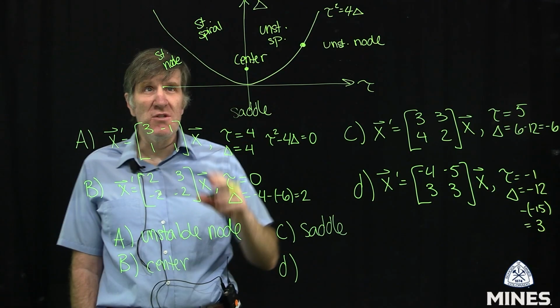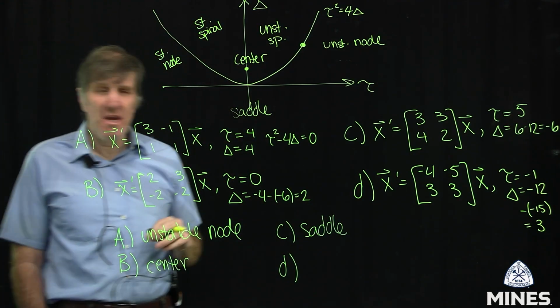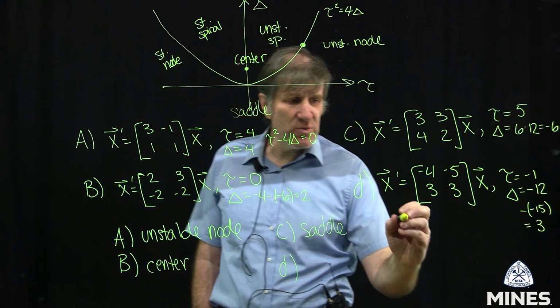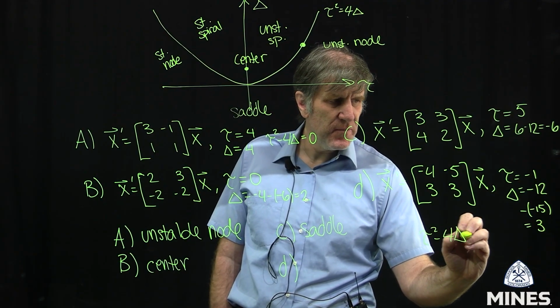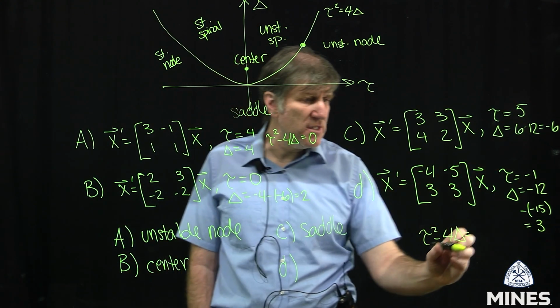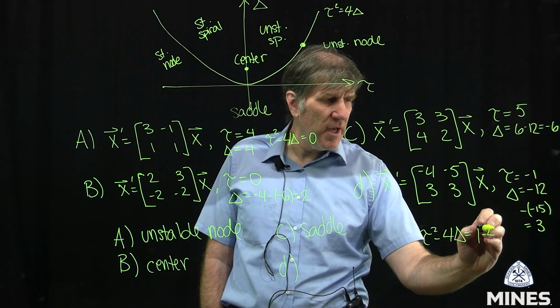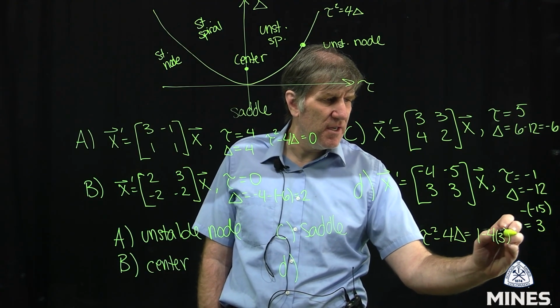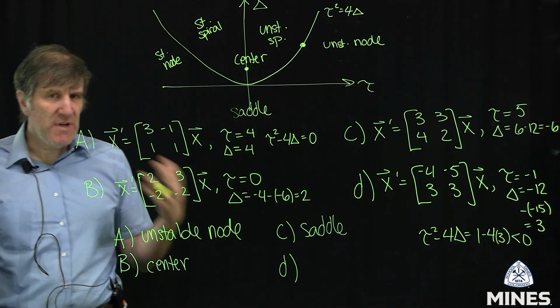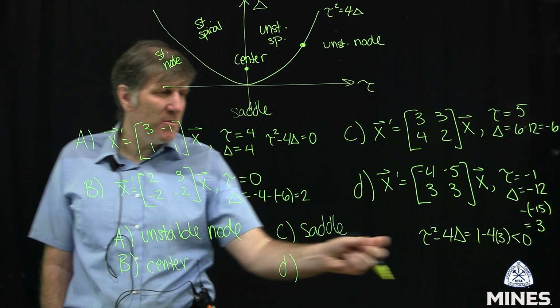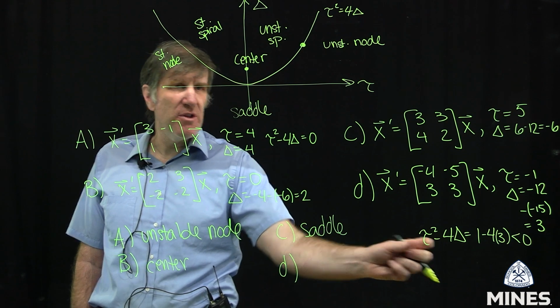And again, the question is, are we a stable spiral or a stable node? We have to look at tau squared minus 4 delta. Tau is negative 1, tau squared is 1, minus 4 times delta. Tau squared minus 4 delta is negative. That means the delta bit is bigger than the tau squared bit.